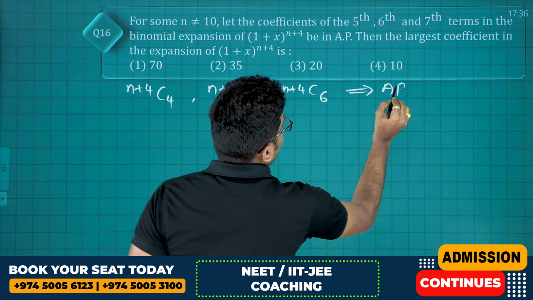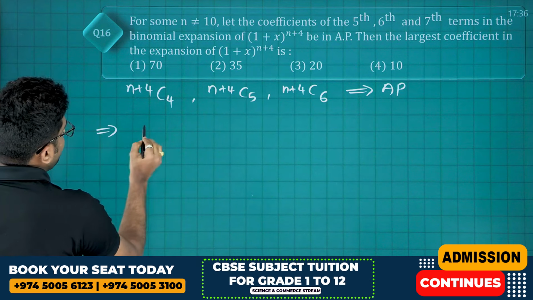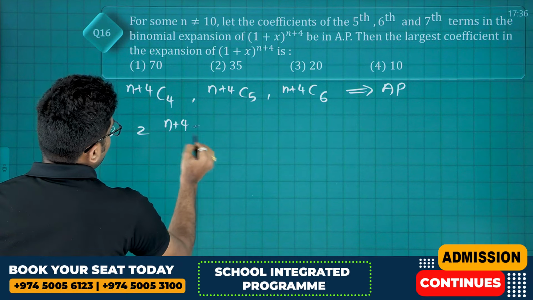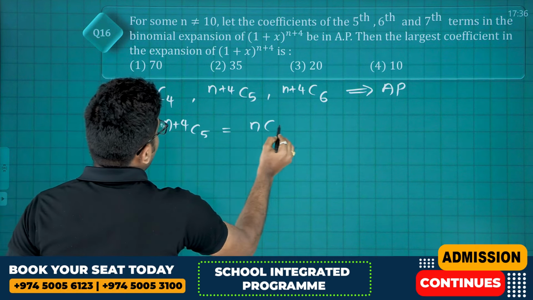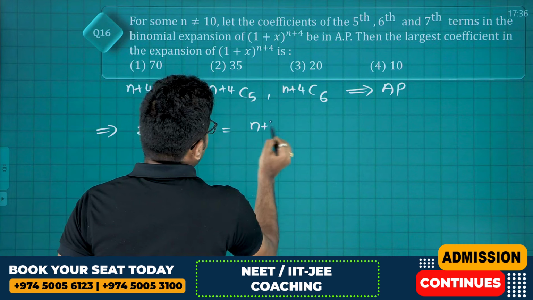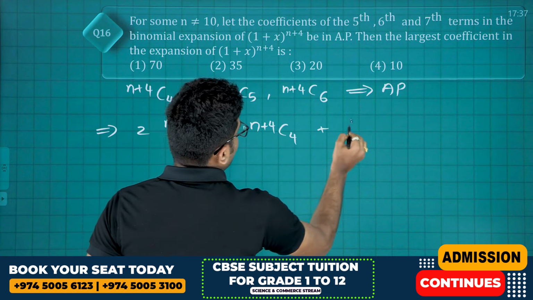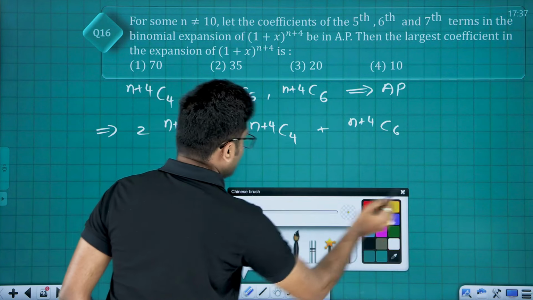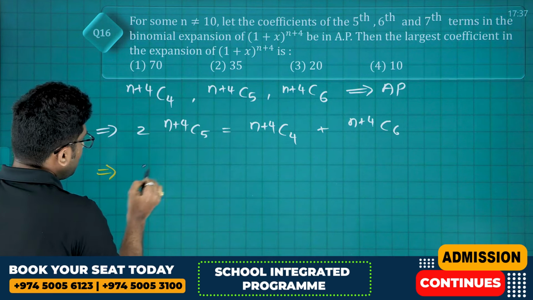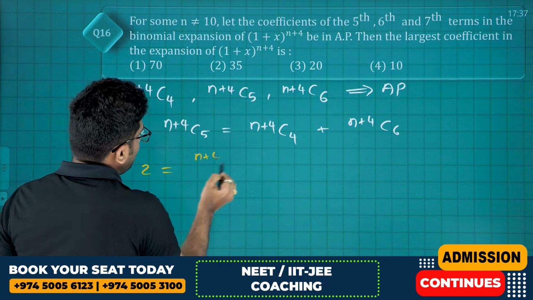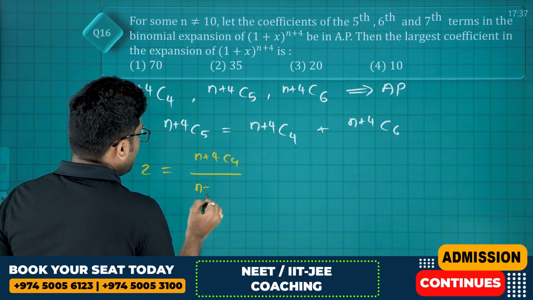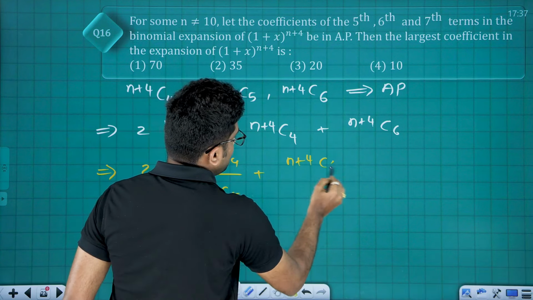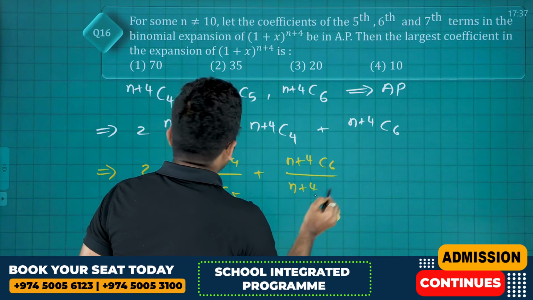If these three are in AP, we'll do 2 times the middle one. N plus 4 C5 is equal to the sum of the extremes, n plus 4 C4 plus n plus 4 C6. We'll divide. 2 is equal to n plus 4 C4 divided by n plus 4 C5 plus n plus 4 C6 divided by n plus 4 C5.